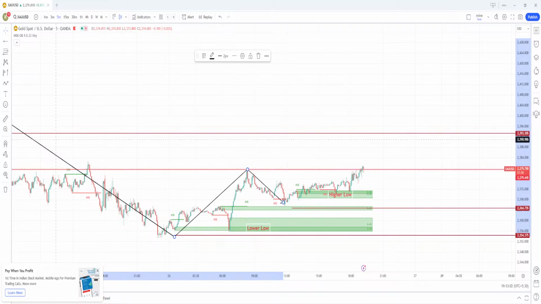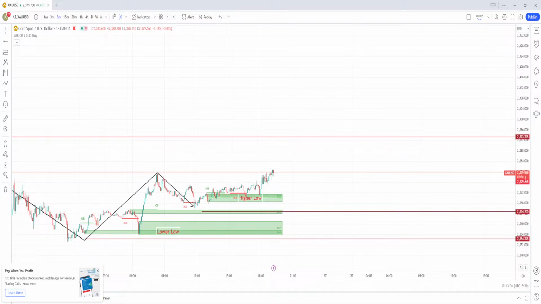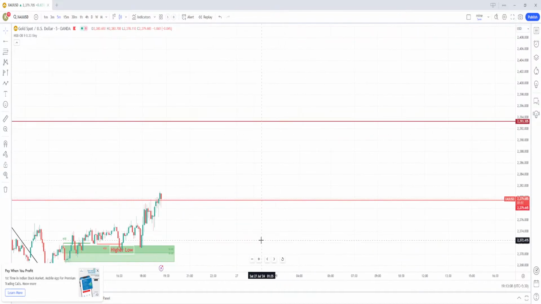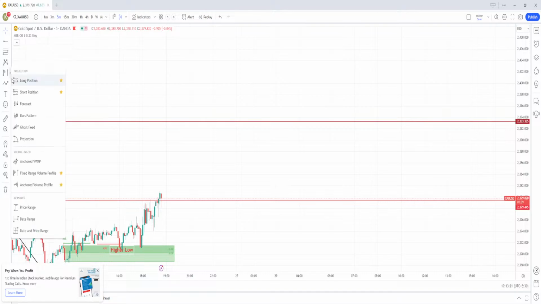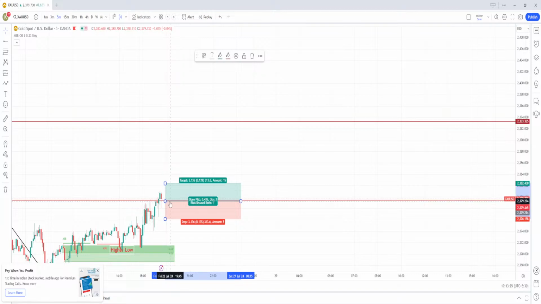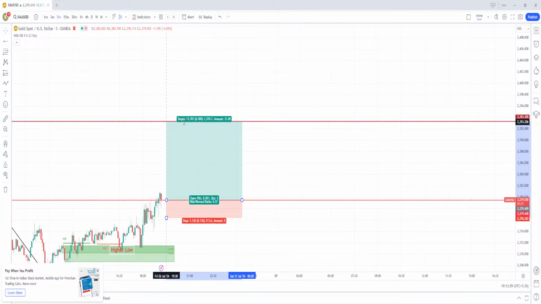Okay, sure, we are going to wait for the retest. If the retest happens, my risk reward ratio will be at least 1:2, which gives us immense results.